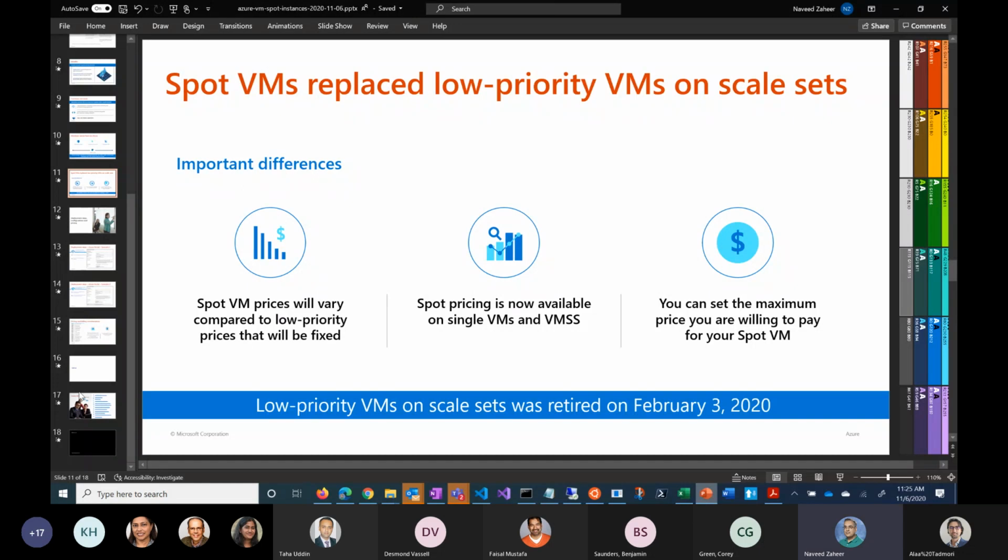One other thing, there is no difference between the VMs that you create with Spot instances or other, except there is no SLA for the VMs that you create with Spot instances. You can set the price, or you can set the eviction based on capacity, or both. That's totally on you how you set that up.